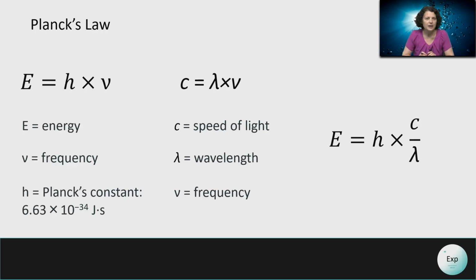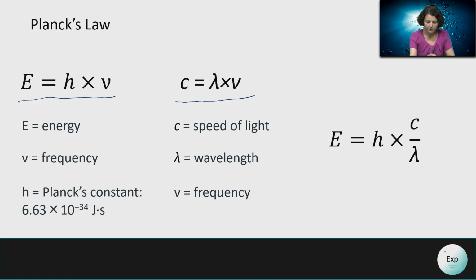We can also connect the energy of a radiation to its wavelength because there is a direct relationship between frequency and wavelength. So in our first expression, we have Planck's law, which says energy is the same as Planck's constant times the frequency. In the other expression, we have the inversely proportional relationship between frequency and wavelength through the speed of light.